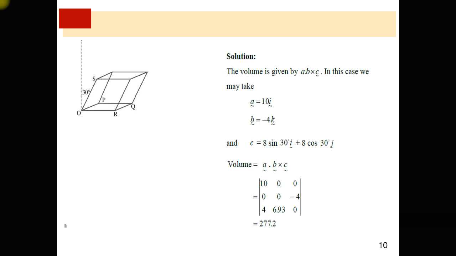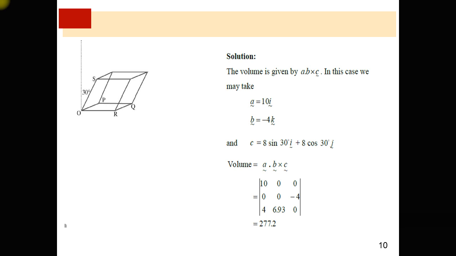The magnitude of the cross product of two vectors divided by 2 actually gives the area of the triangle if the vectors represent any two adjacent sides of the triangle, and the magnitude of the cross product of two adjacent sides is equal to the area of the parallelogram.